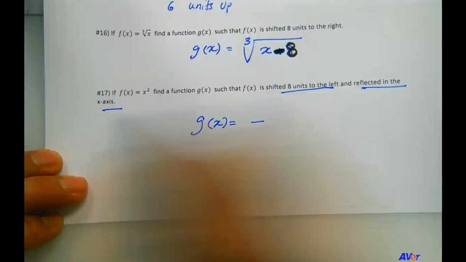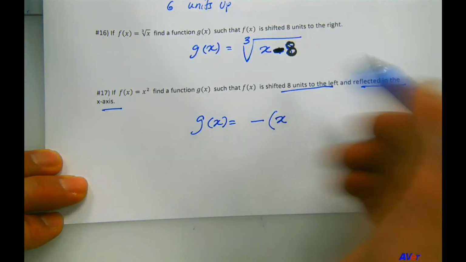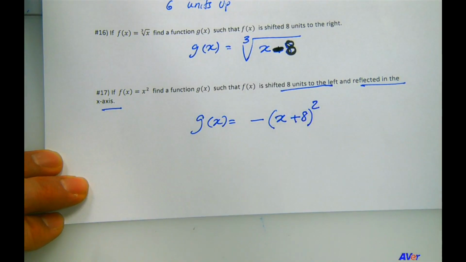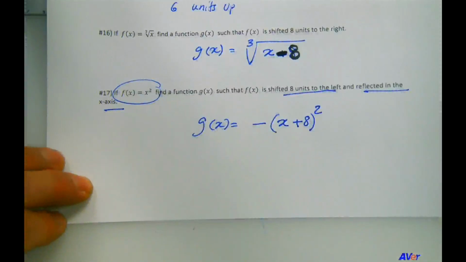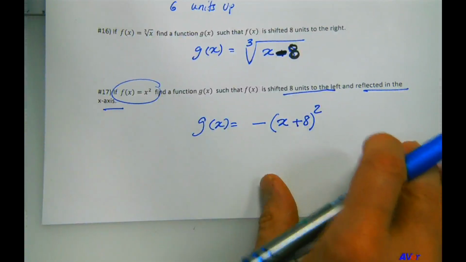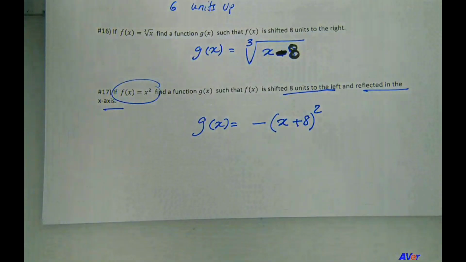Because we have reflection in the x-axis, so minus, and we have 8 units shift to the left, so plus 8 squared, because it's the quadratic function that we are transforming. So minus x plus 8 squared. Okay, I hope these answers match what you already have on your own paper.